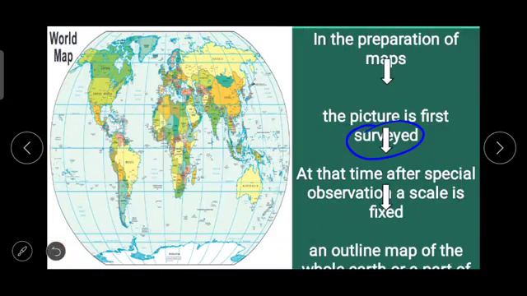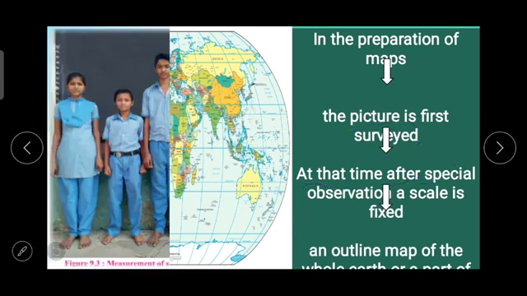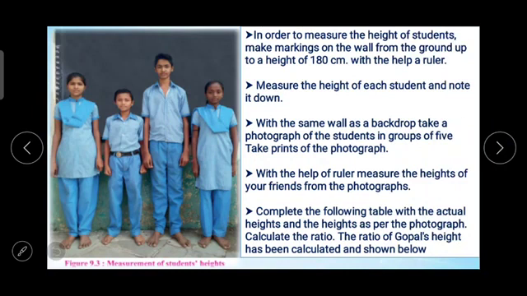Then next to the survey there is spatial observation, and at last using the scale an outline map of the whole earth or a part of it is prepared. For example, here on the screen a world map is there, and specially we can look at the physical map of India. So first thing survey, then observation, then the scale. Now in detail we'll talk about this.